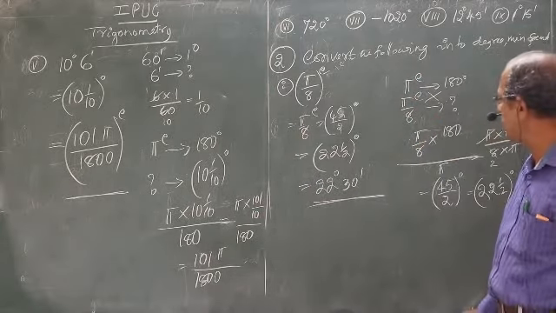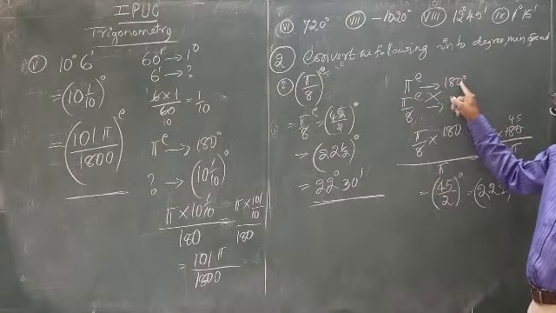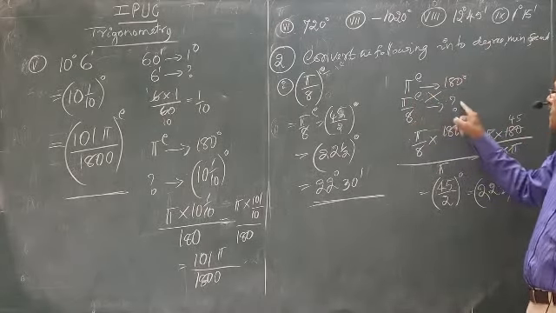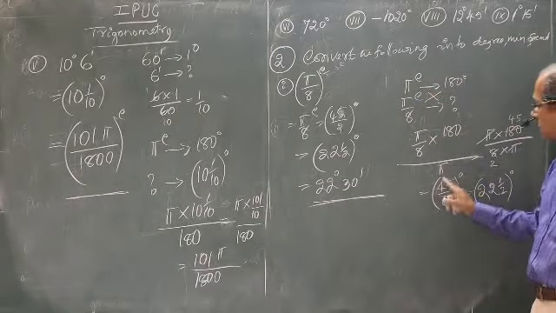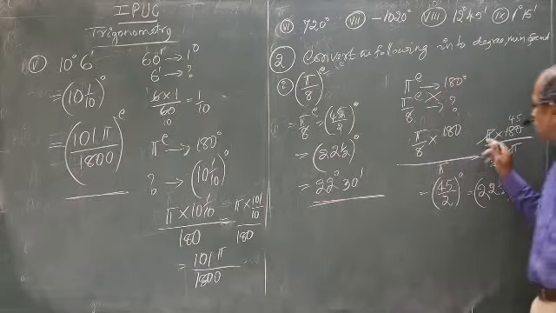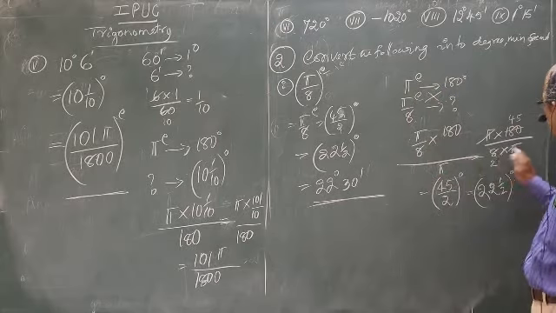Go back to the problem once again. Pi radian 180 degree. Pi by 8 radian how much? Pi by 8 into 180 divided by pi, cross multiplication. Pi into 180, 8 comes to the denominator, 8 pi.